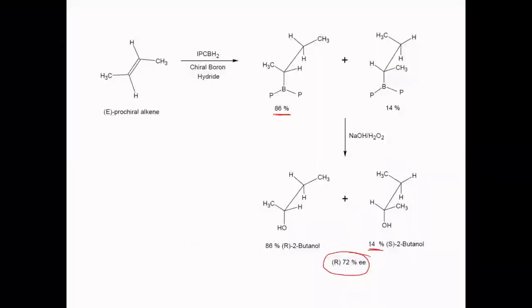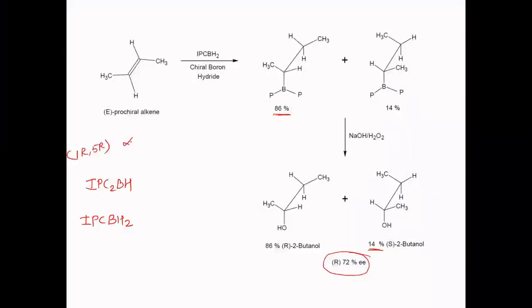So in short, we have studied two reagents. One is IPC twice BH and one is IPC BH2. If I make these reagents with 1R,5R alpha pinene, specifically for these reagents, they give you the R configuration as the major alcohol. This reagent is more selective for the cis alkene.